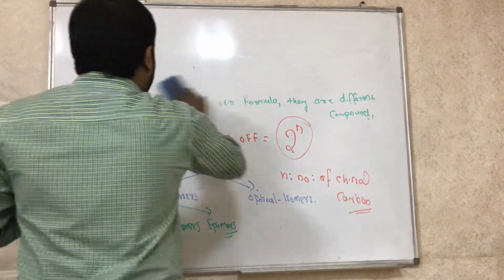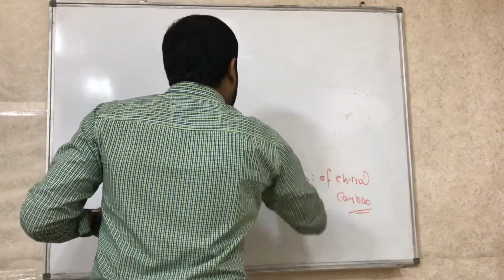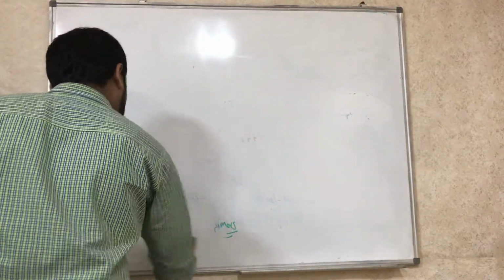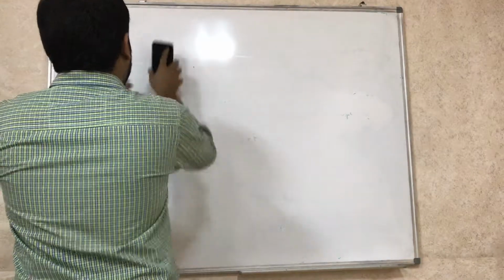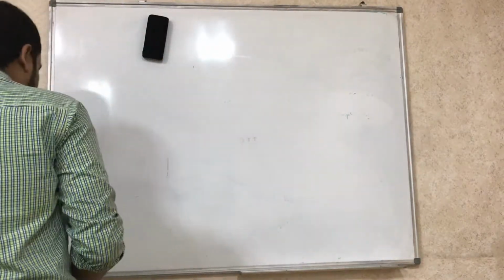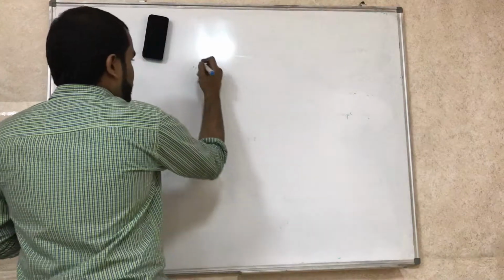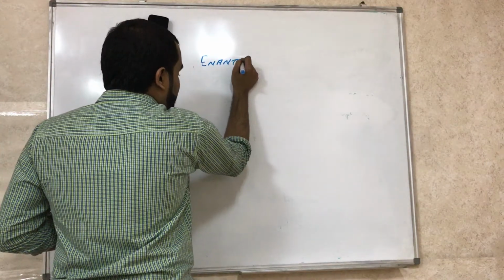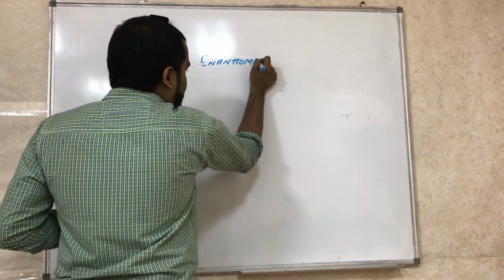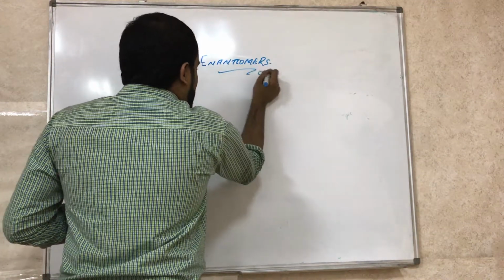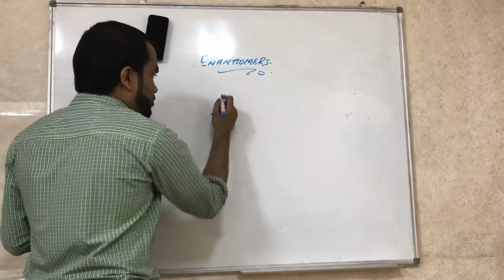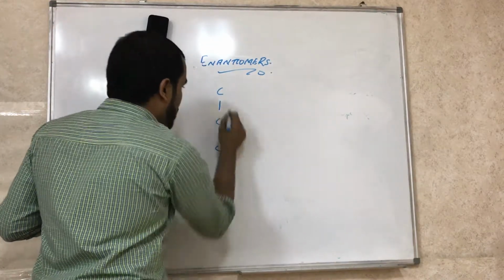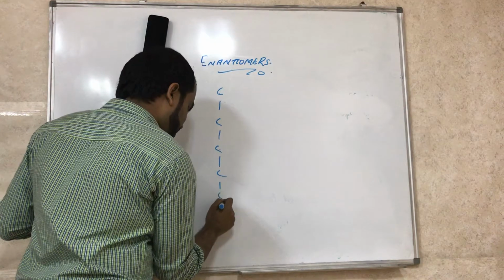Enantiomers means, see, I am drawing a simple structure of glucose. Glucose is a 6 carbon compound, right? 1, 2, 3, 4, 5, 6.